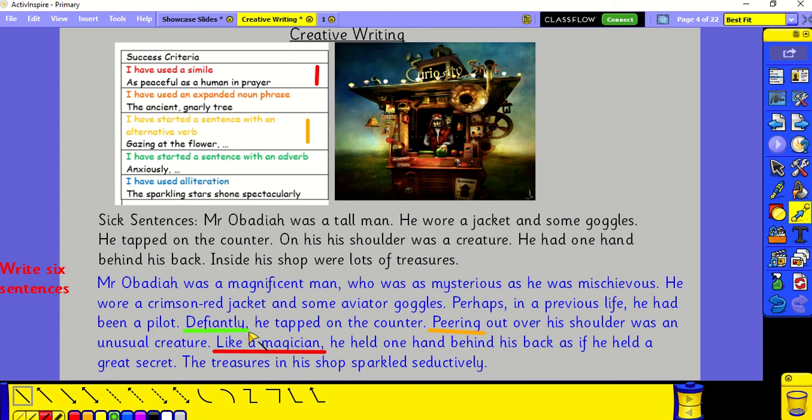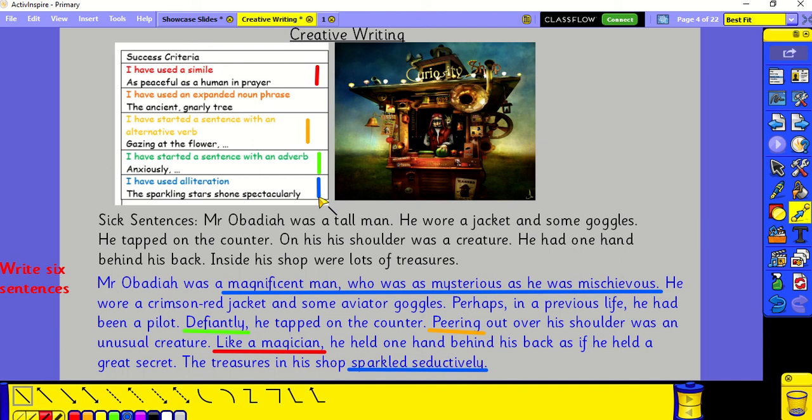Defiantly, he tapped on the counter. And I have used alliteration in blue. I had sparkled seductively. I also had a magnificent man who was as mysterious as he was mischievous. I didn't know that that was alliteration when I wrote it, but in fact it is, so I'm going to put it in there.